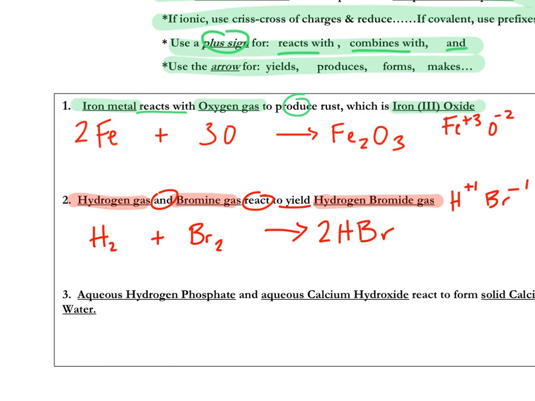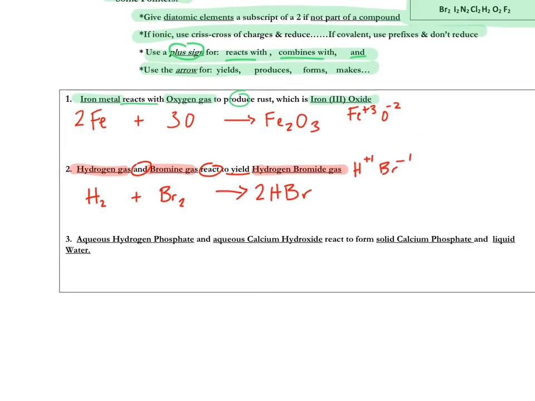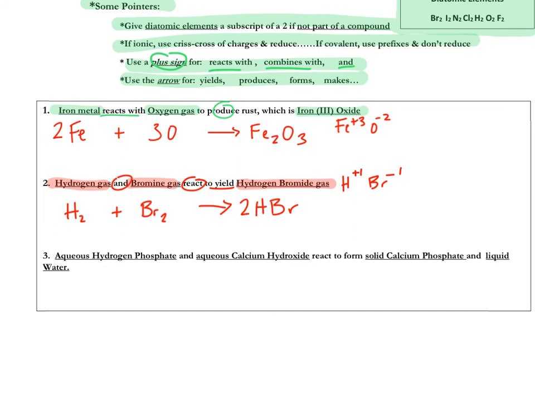All right, let's look at our next one. And it says aqueous hydrogen phosphate and aqueous calcium hydroxide react to form solid calcium phosphate and liquid water. So we've got aqueous hydrogen phosphate, aqueous calcium hydroxide, solid calcium phosphate, and liquid water.